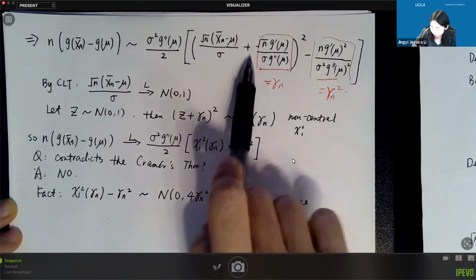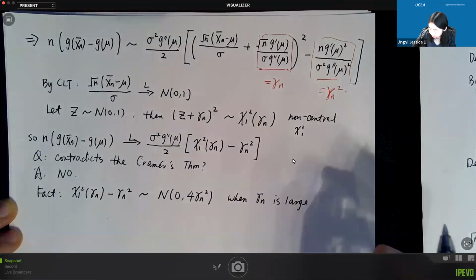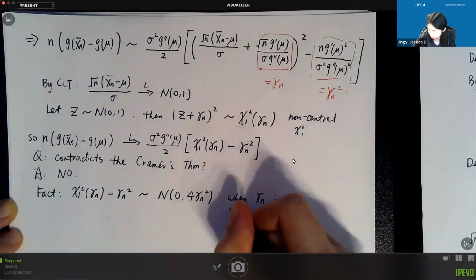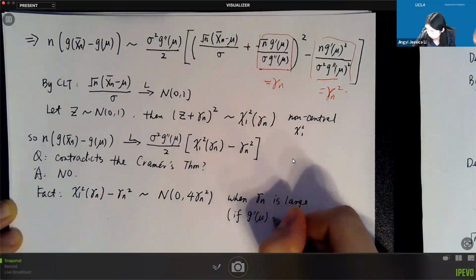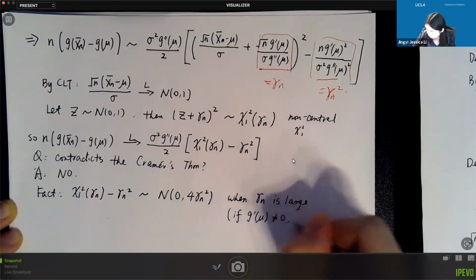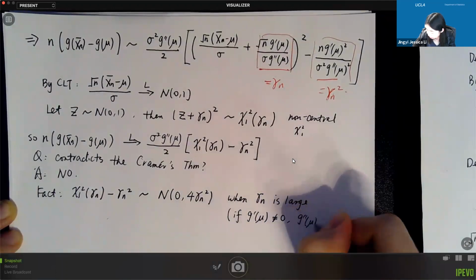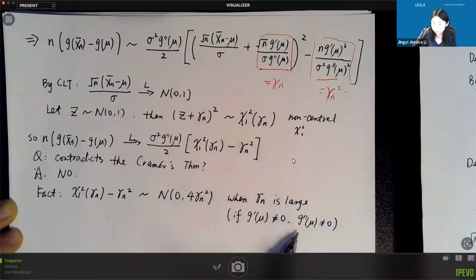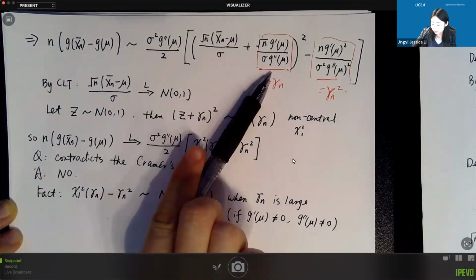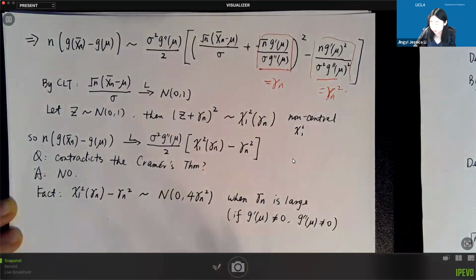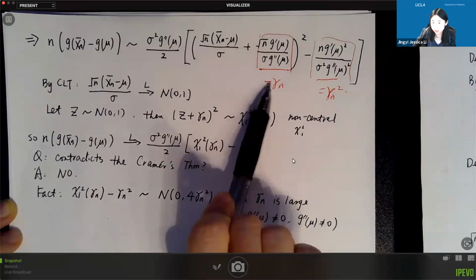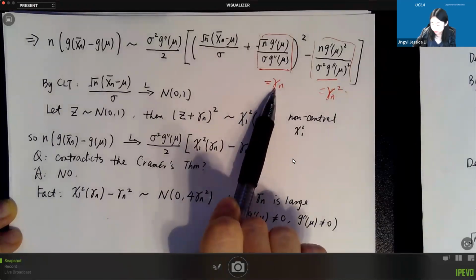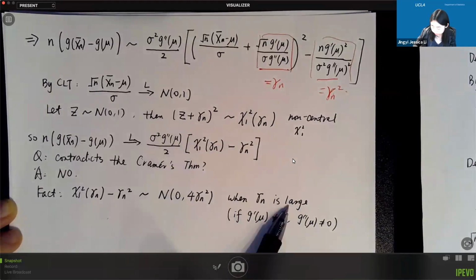If g prime mu is not 0 and g double prime mu is not 0, right? If g double prime mu is 0, gamma n will not exist, so we cannot discuss it anyway. But if g prime mu is not 0 and g double prime mu is not 0, then gamma n will increase with n for sure. And that's the case when gamma n is large.